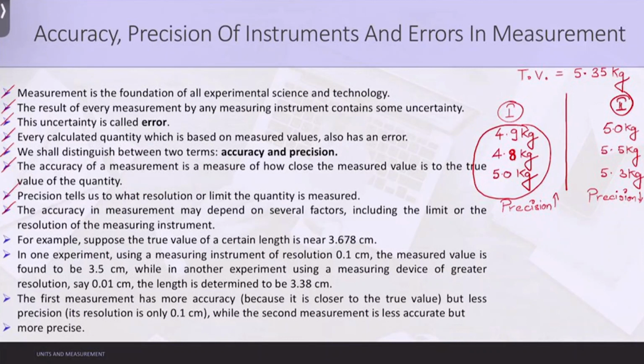That's how the instrumental error came into the picture. We will try to understand the concept of instrumental error in subsequent slides. For now, just understand that there can be faults in the instruments also, and due to that there are chances that the accuracy of the instrument can be reduced.